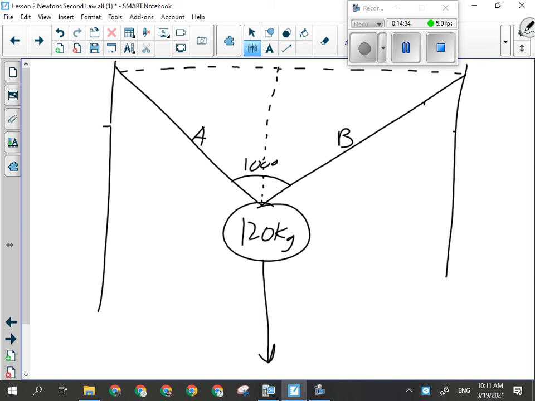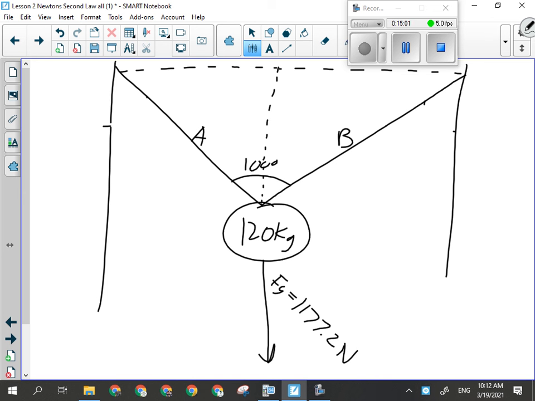I know that this force here is the force of gravity. It's 120 times 9.81, so we're looking at 1177.2 newtons. How much of that force of gravity does each one of those cables hold?